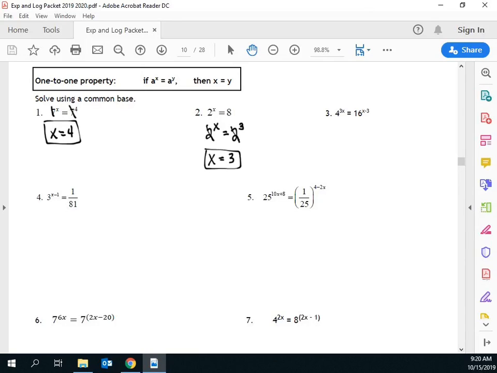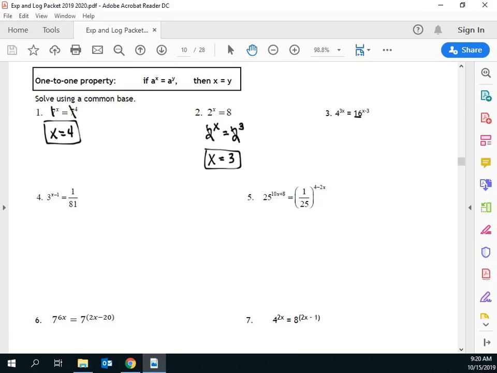All right, so let's look at number 3. We have a few options, but let's do the straightforward one. Can I rewrite 16 as an exponent where the base is 4? 4 squared. You ask yourself, can I raise 4 to a power and get 16?